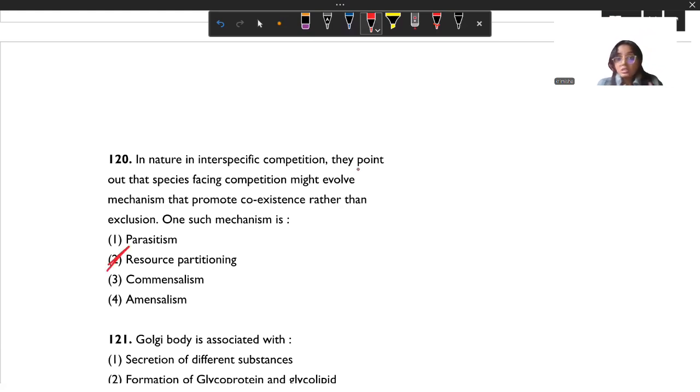Resource partitioning is division of resources in such a way that the resources used by one species will not be used by the other species, to avoid competition between two different species so that both can coexist in that environment. This is an extremely easy question. I would rate it 1 by 10 on the level of difficulty. So this is your question 120. Answer is the second option. I hope this is clear to you.